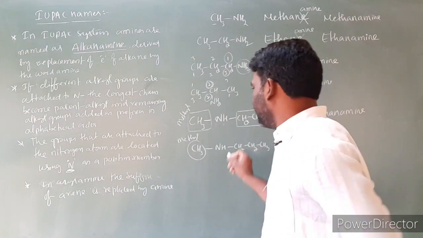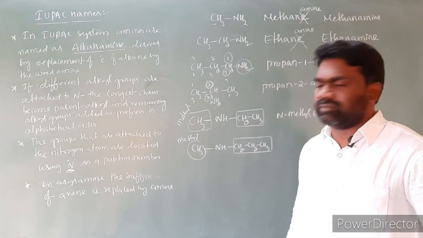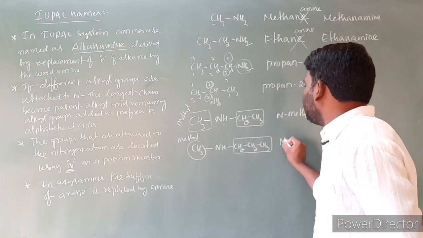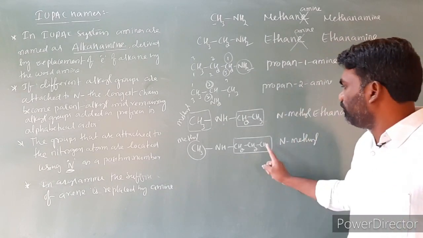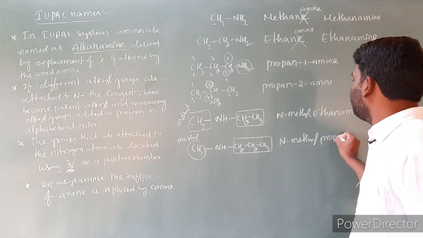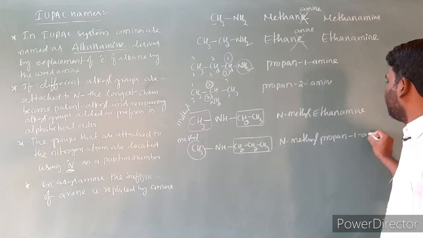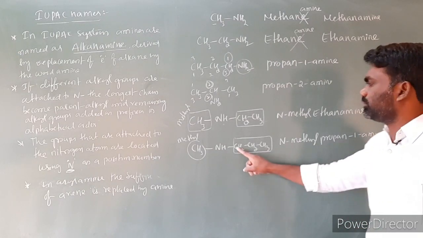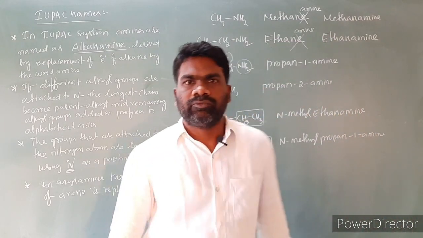So this is the parent chain. Then the name of this compound is N-methyl. 1, 2, 3, 3 carbons, so we write propane. Propane-1-amine. The amine group is present at the first position, so we give numbering 1, 2, 3. That is propane-1-amine.